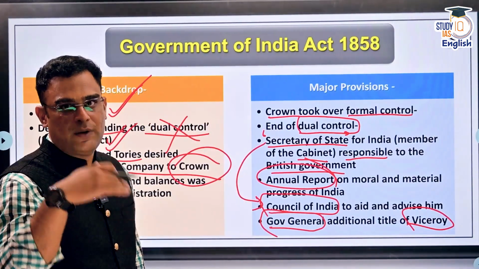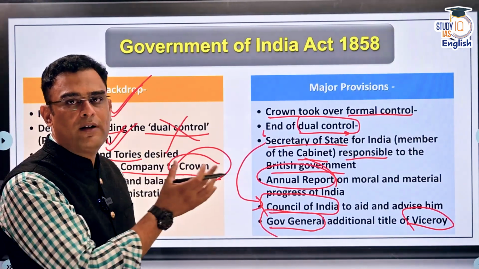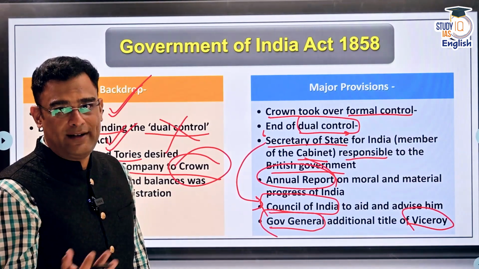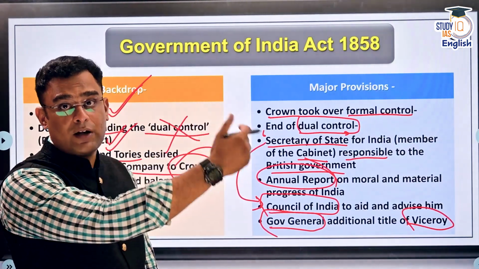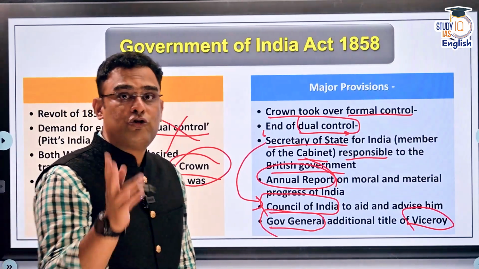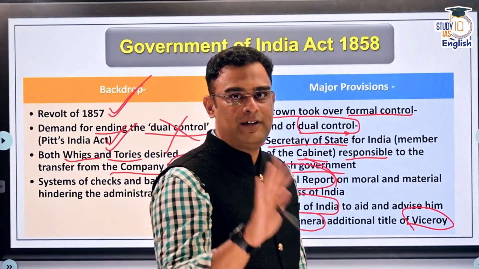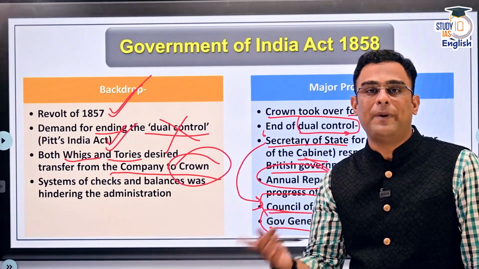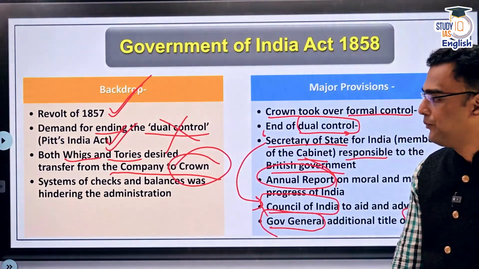Vice means deputy and Roy is a root word for royal over here. So Viceroy means deputy royal. He is representing the crown here in India. So there are two positions, so to speak, Governor General and Viceroy, and both positions are actually occupied by the same person.